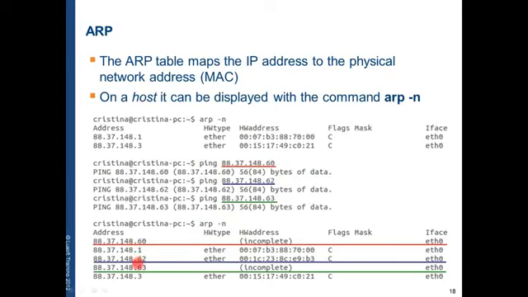Here I see that all the 3 hosts were added to the ARP table, but 60 and 63 didn't answer me back, so I have the incomplete entry. I only have the IP, but I do not have the MAC because the host didn't reply. And for 62, I have learned the MAC because it was given to me by its reply.